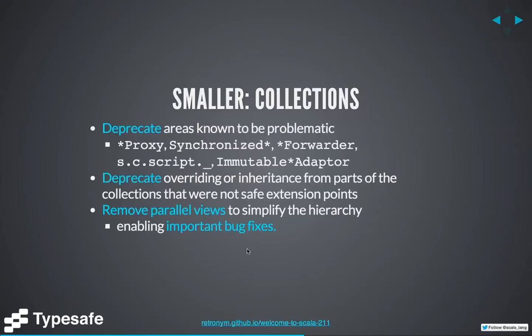In a similar vein, we've identified places in the collections library which should have originally shipped with tighter modifiers. By modifiers, I mean things should have been final or sealed.